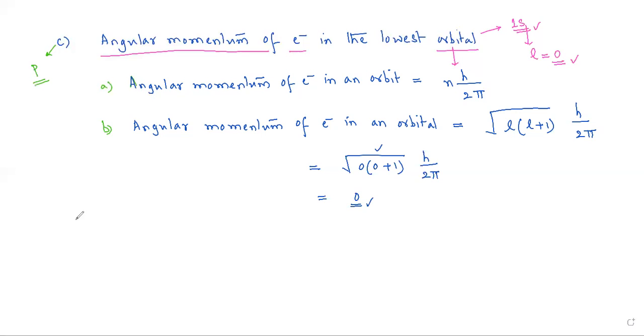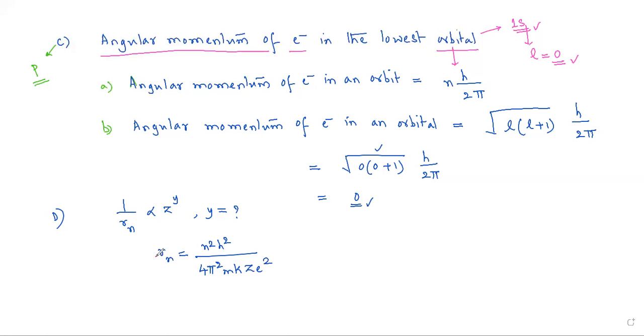Now the last one. They have given 1 by Rn is directly proportional to z to the power y. What is y? Now come on, let us write the expression for radius of nth orbit. It can be given as n square h square by 4 pi square m k z e square.